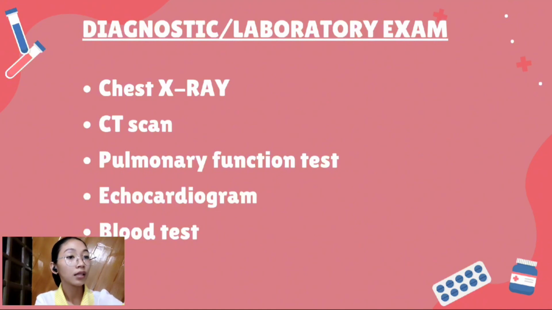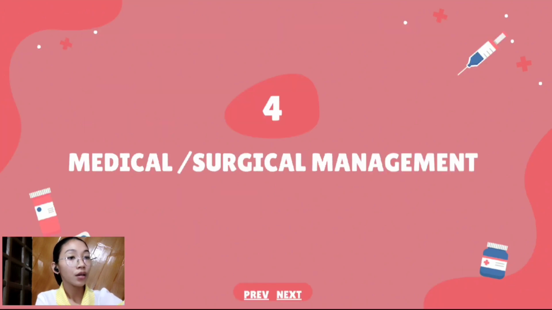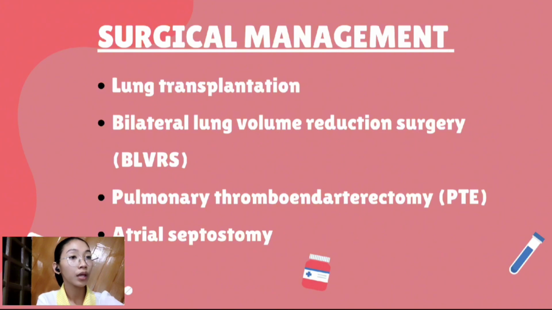And next is the medical and surgical management for cor pulmonale. So for the surgical management, first is lung transplantation in cases where severe lung disease is the primary cause of cor pulmonale, and lung transplantation may be considered as the last resort.